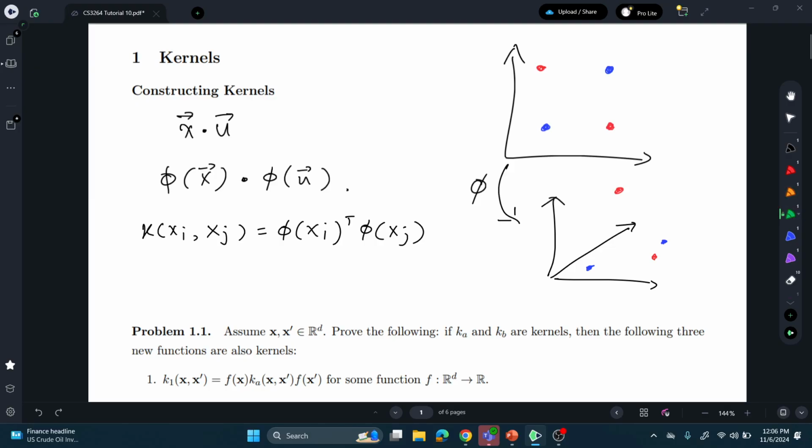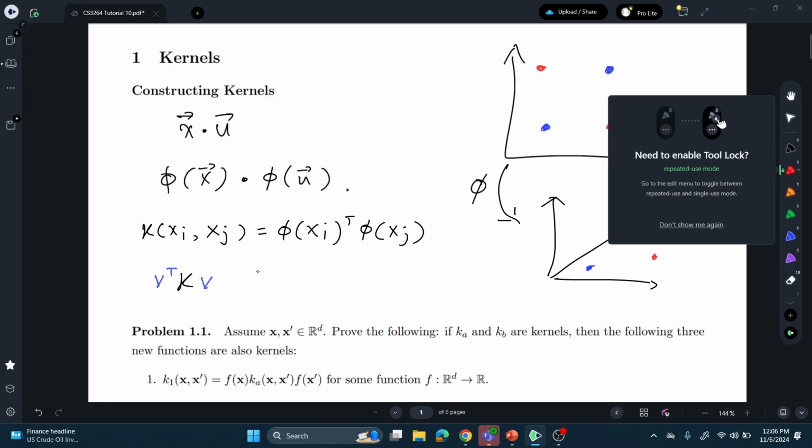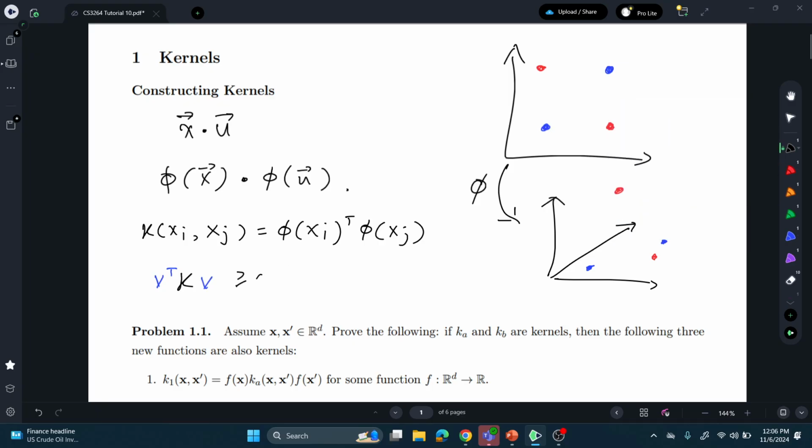Or you can also use the alternative method. If I map my kernel function as a matrix, then for any vector, I transpose this vector, multiply it with the kernel matrix, then multiply it back with this vector, and this must be greater than or equal to 0. This is what we mean by the kernel matrix must be positive semi-definite.